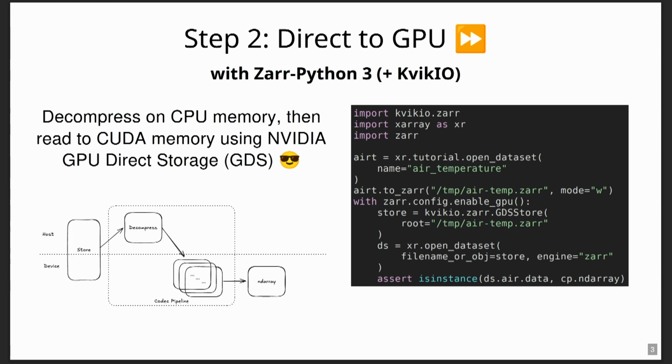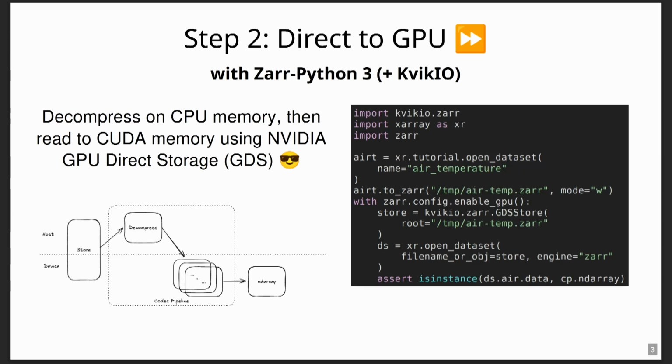You do that using the code on the right there. You set this up with the zarr.config.enable_gpu context manager, and then you load the Zarr store using kvikio.zarr.GDSStore, and then your data would be loaded in the CuPy array.